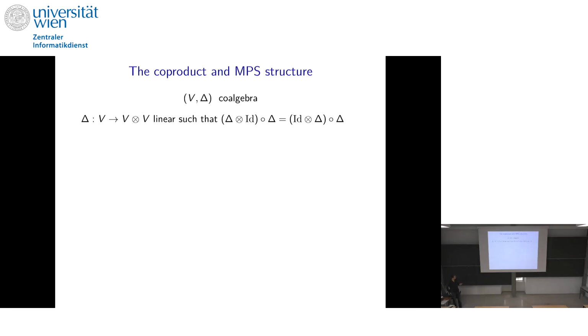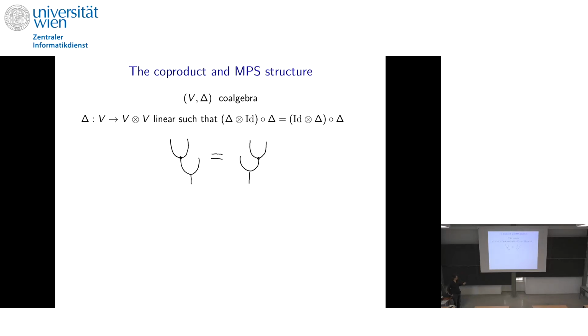Okay, so now I will have to tell you the defining property of this coproduct. It's a linear map that goes from B to B tensor B, such that it satisfies this ugly-looking equation that is just associativity. Let me explain what this equation is.